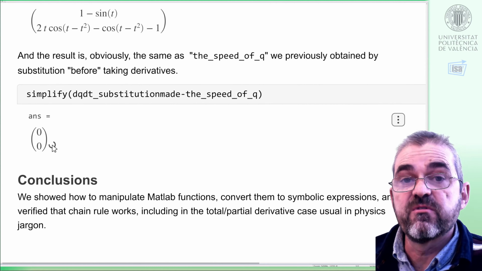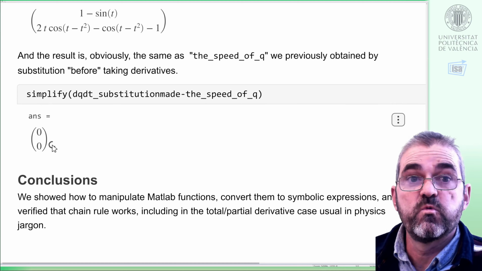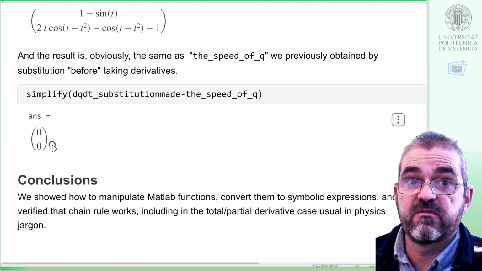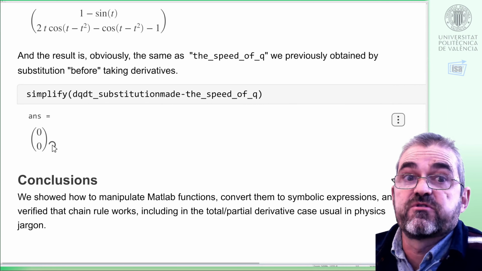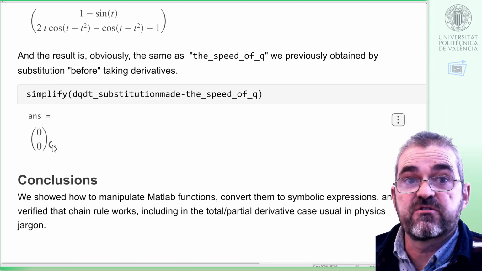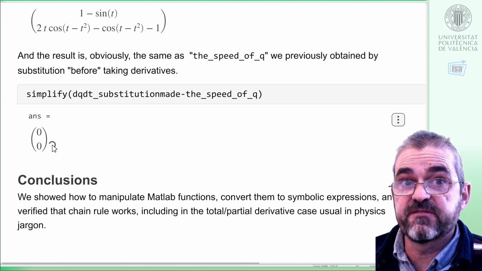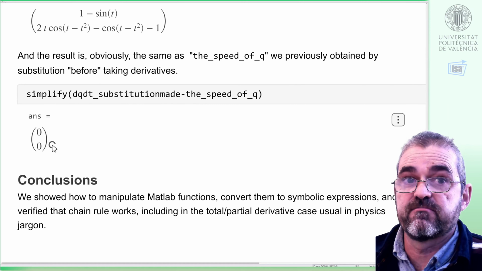We have shown the use of the diff command and the Jacobian command. We have first shown that chain rule applies so that substitution first, i.e. composition, and then partial derivatives gives the same result as partial derivatives first, product of Jacobians, and then substitution.